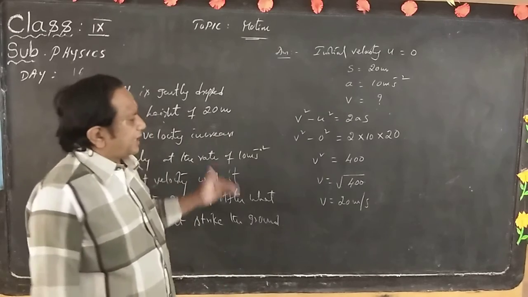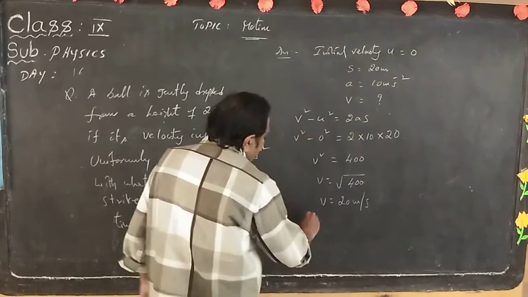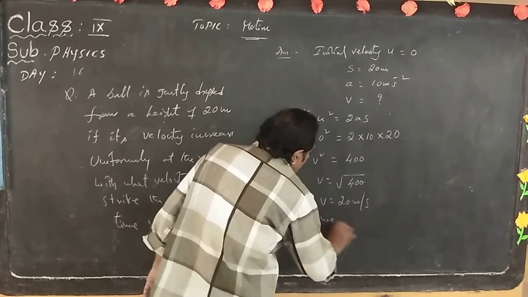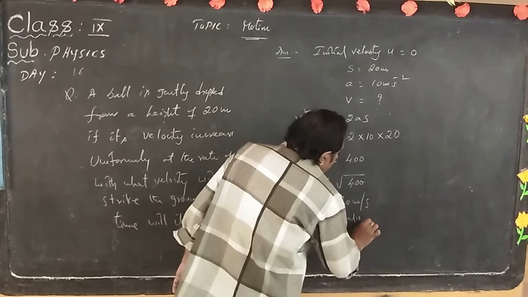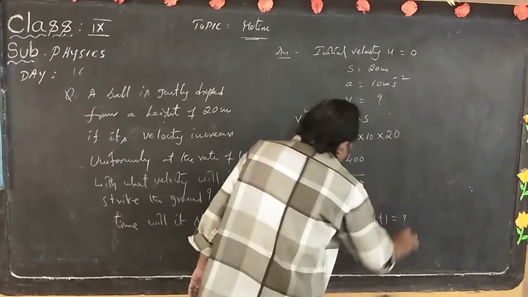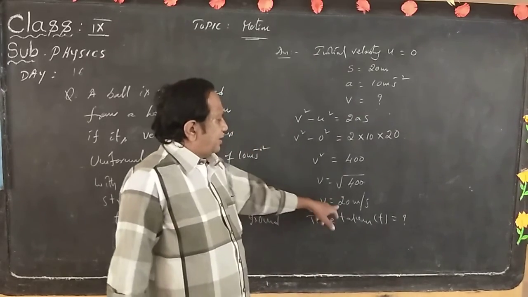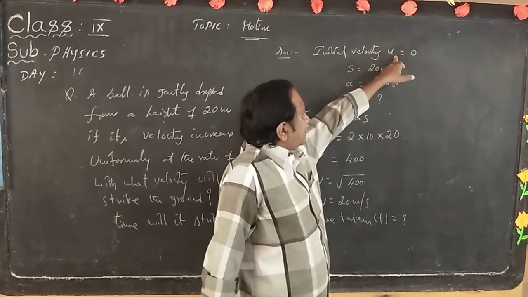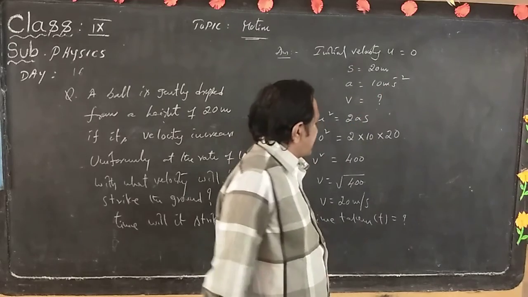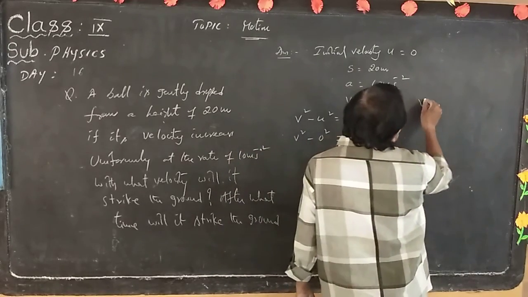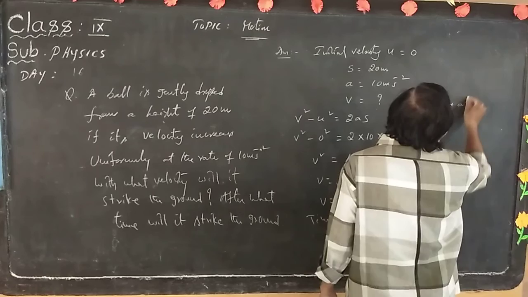Then at what time does it reach the ground? Second question. So time taken to touch the ground, t is equal to how much? Here velocity will be 20 meters per second and initial velocity will be 0. Acceleration is 10. Then in the first equation of motion, v is equal to u plus at.